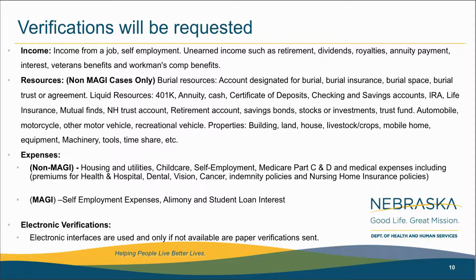Resources are only going to be applicable to our non-Magi categories. So if you're applying for any one of those non-Magi groups or categories, at that point you would be required to provide your resources to get an eligibility determination.